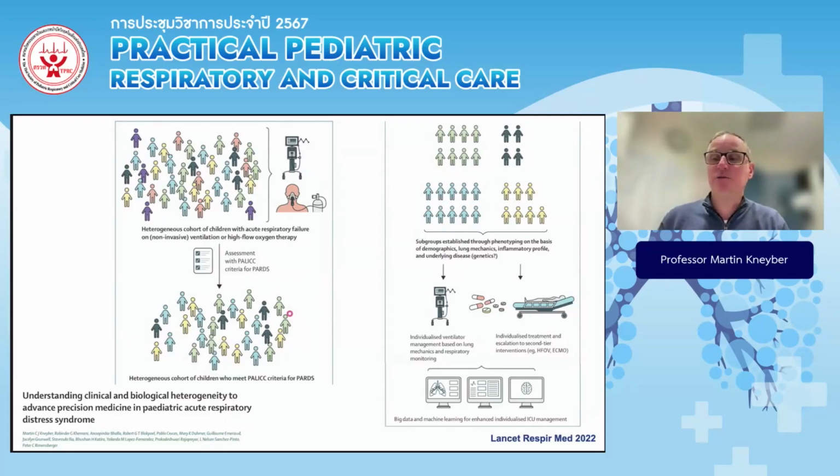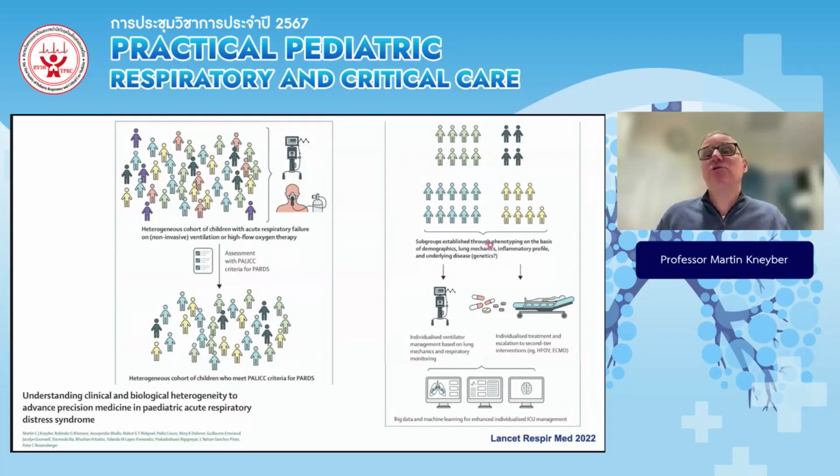And we were invited by Lancet Respiratory Medicine to prepare a narrative review paper on this, about understanding clinical and biological heterogeneity. The concept that we propose in this paper is that you have this heterogeneous cohort of children with acute respiratory failure. We have them either on high flow nasal cannula, or on non-invasive ventilation, or on invasive ventilation. We first assess for PARDS based on our pediatric criteria, but then we still have a heterogeneous cohort of children.